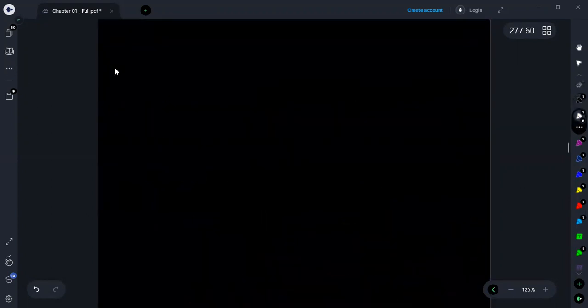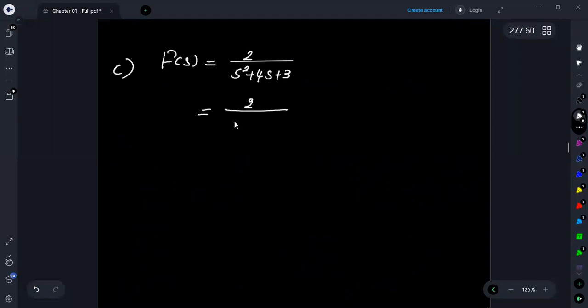So the part 3, part C, capital F of s is equal to 2 over s squared plus 4s plus 3. If we complete the perfect square, we can see that s plus 2 to the power 2 minus 1. And we can rewrite this as 2 times 1 over s plus 2 to the power 2 minus 1.